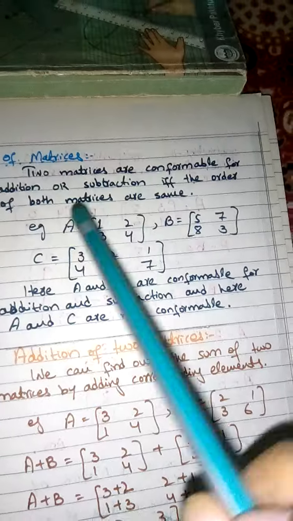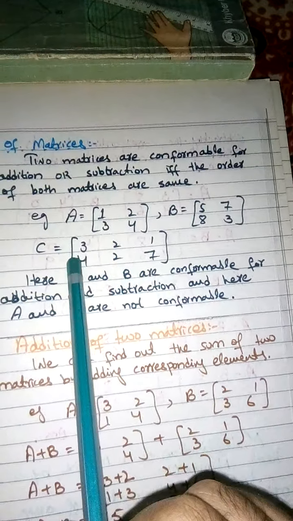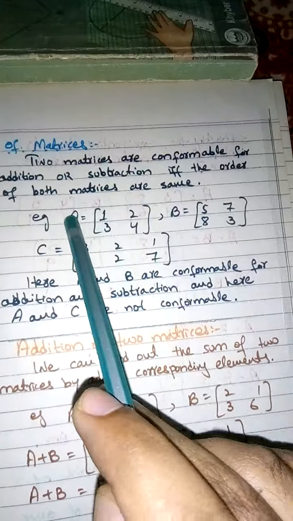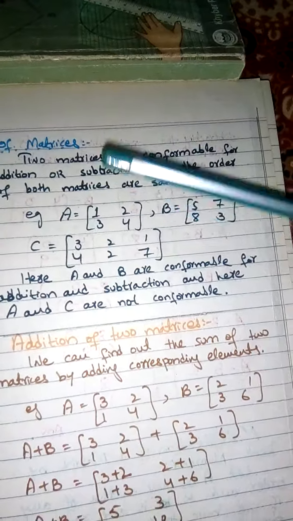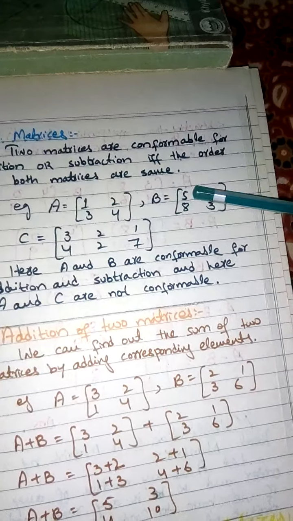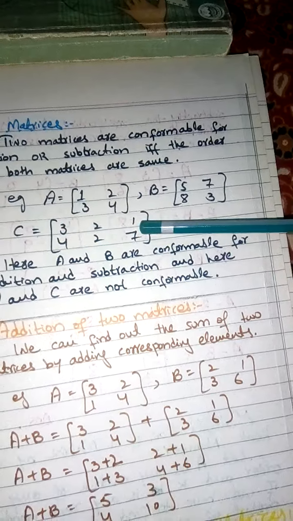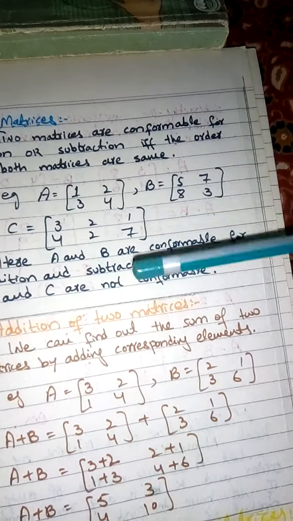For example, if you look at the three matrices here, A, B and C, the first matrix and second matrix have the same order, 2 rows and 2 columns. Here also 2 rows and 2 columns. But in the third matrix, the rows are 2 but the columns are more than 2, the columns are 3.